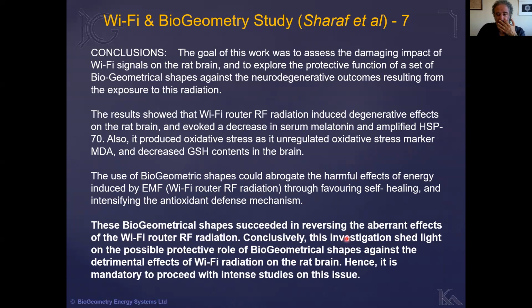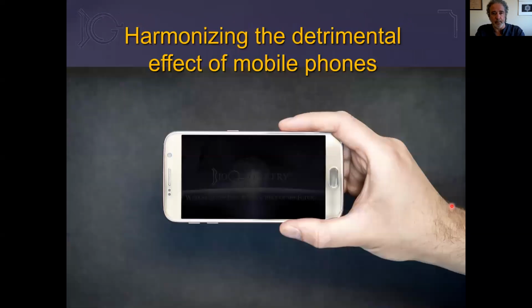And in fact, in the conclusions here, Sharaf and his team wrote, these biogeometrical shapes succeeded in reversing the aberrant effects of the Wi-Fi router radiation. Conclusively, this investigation shed light on the positive protective role of biogeometrical shapes against the detrimental effects of Wi-Fi radiation on the rat brain. Hence, it is mandatory to proceed with intense studies on this issue. And we hope there's going to be more in the not too distant future.